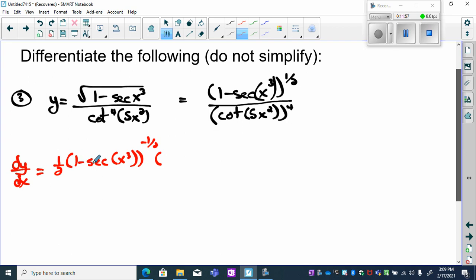The derivative of negative secant u: the derivative of secant u is secant u tangent u times du, so this would be negative secant x cubed tangent x cubed times 3x squared. Because my u value was x cubed, my du would be 3x squared.